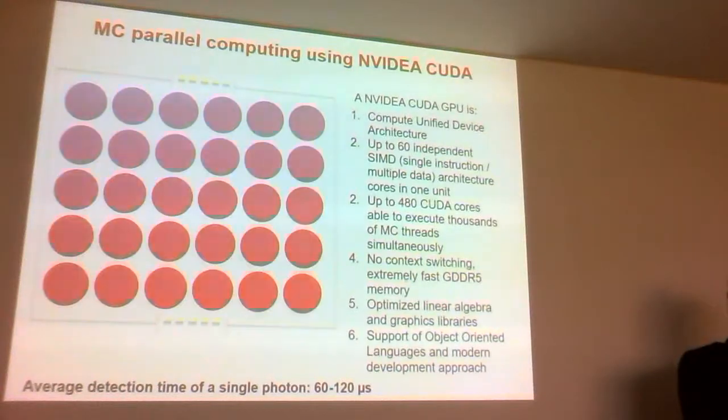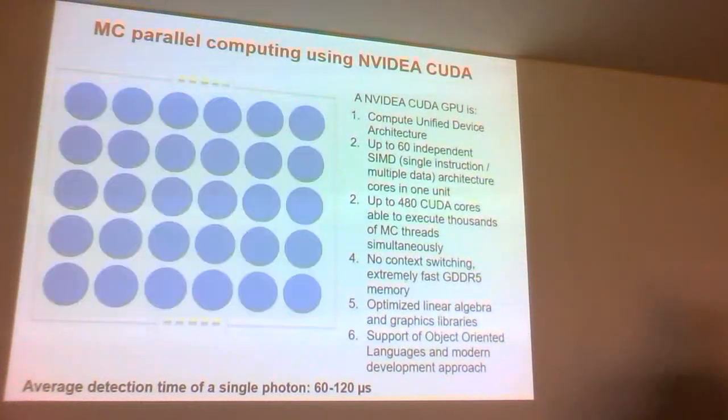Because each photon, when it propagates, is described by 3 coordinates and 3 direction cosines, so 6 numbers. If you want to add polarized light, there will be another 3. These numbers should be saved in the actual memory. So how much memory you have relates to your resolution.